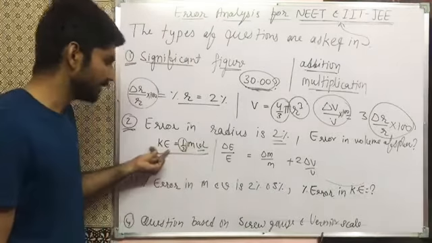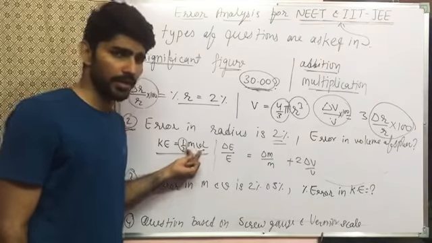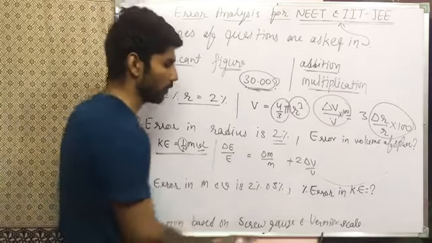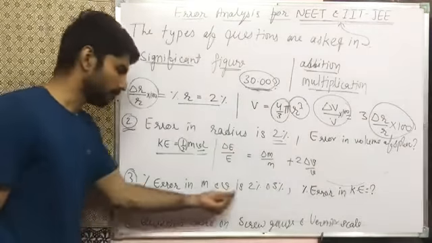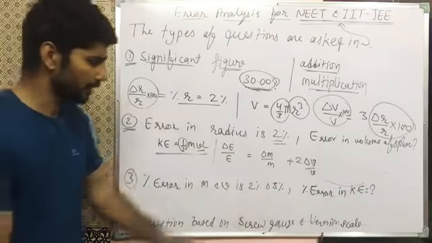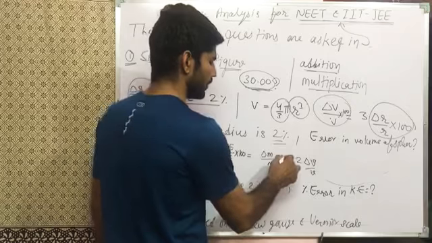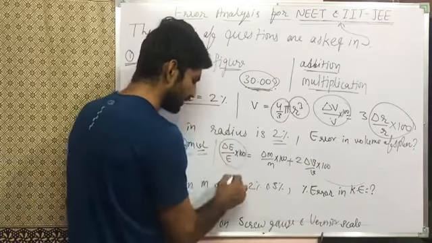Relative error in energy is the sum of the relative error in mass and twice the relative error in velocity. But mostly we get percentages, so we convert to percentage by multiplying by 100. So this is the percentage error.